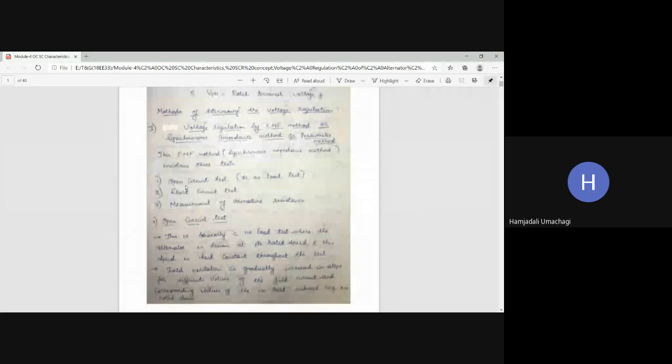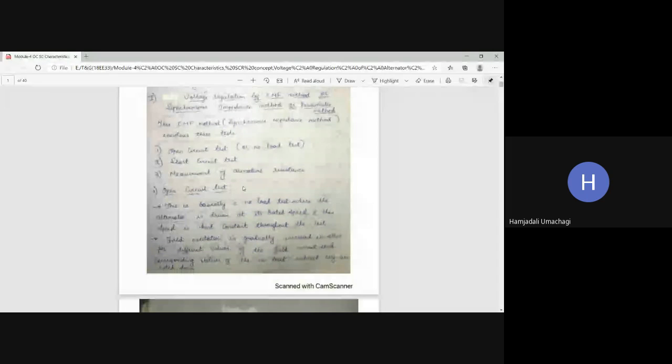To explain the OCC and SCC graphs, I am going to take the help of the open circuit test as well as the short circuit test pertaining to the EMF method. Sometimes in the examination they may ask a question like, explain OCC and SCC characteristics of alternator. Then at that time, what you are supposed to write is this answer.